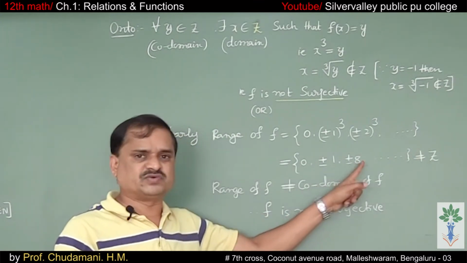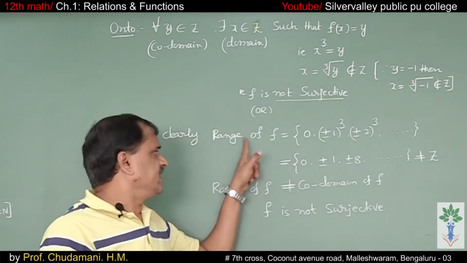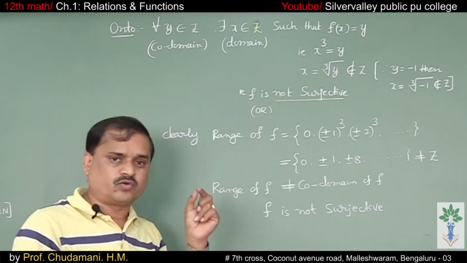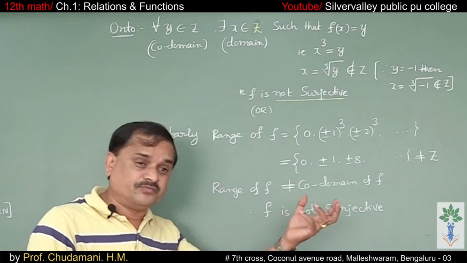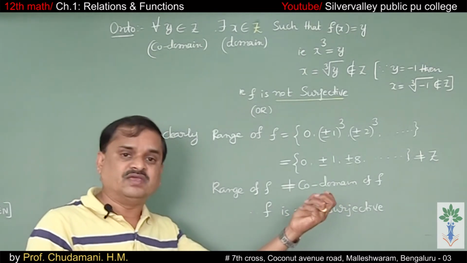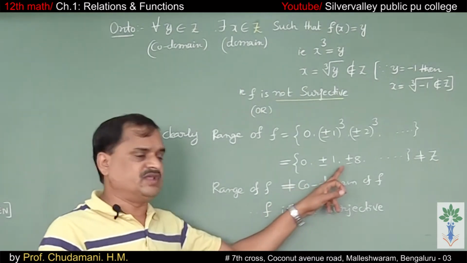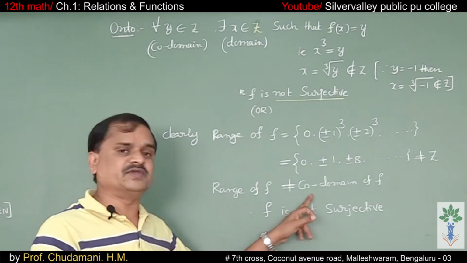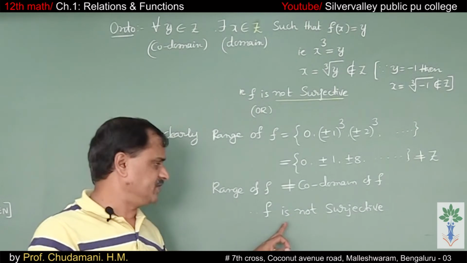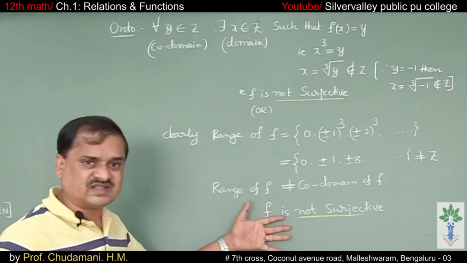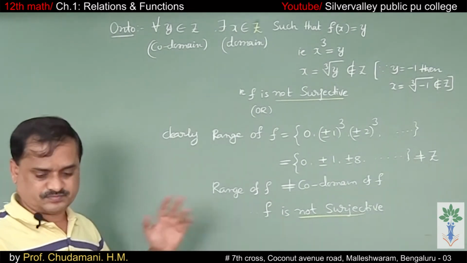Many of the numbers are missing, so range of f is not equal to codomain of f. So onto means what? Every element of the set B has some image, right? But not every element. That means range of f is not equal to codomain of f. That's why f is not surjective. This is another method. Okay?